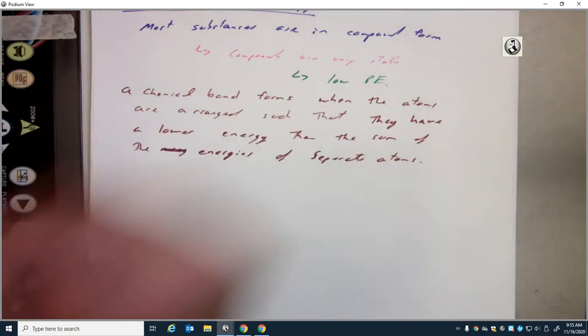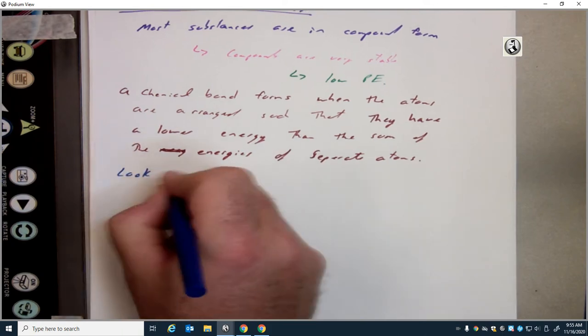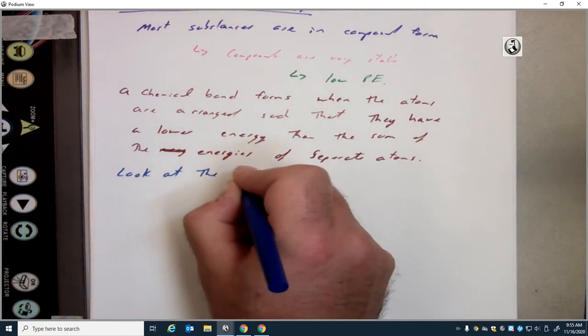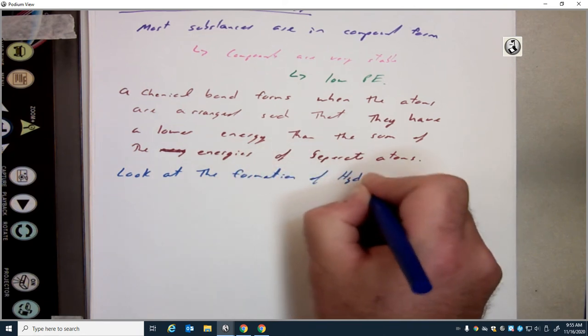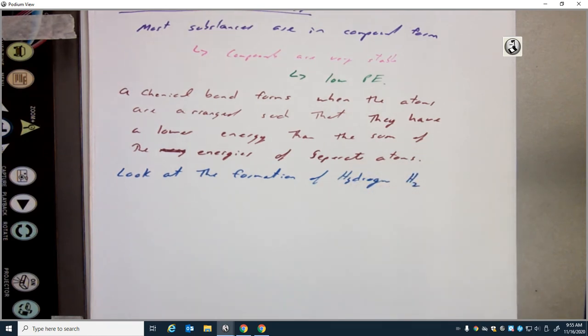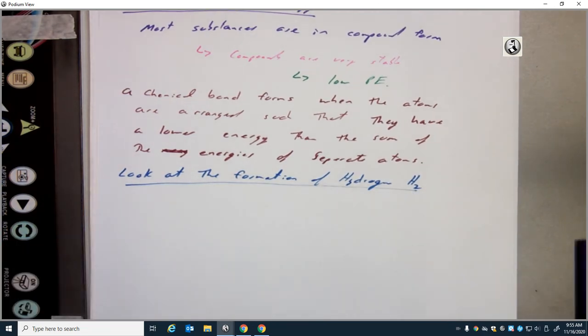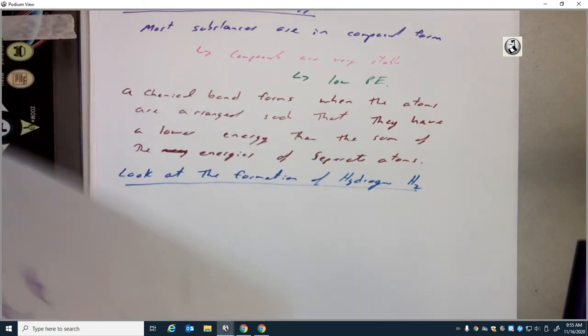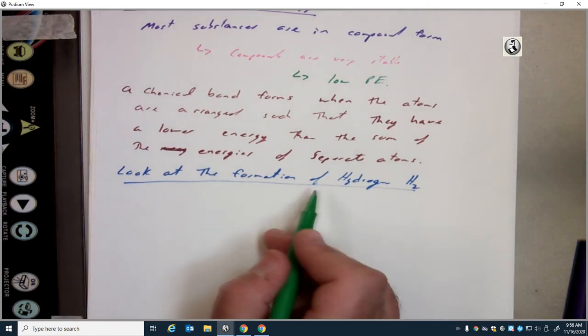So what I want to do is I want to show you this. All right, so we're going to look at the formation of hydrogen. I should say a hydrogen molecule. So we're talking about potential energy here when we're talking about bond formation.